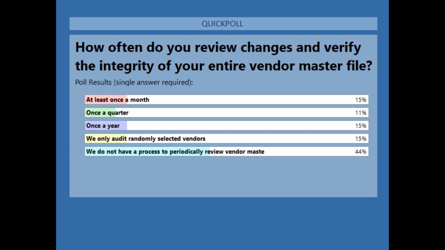Then we had kind of a three-way tie between at least once a month, once a year, and then we only audit randomly selected vendors, and then we had 11% that do that review once a quarter. So thanks everyone for participating in that, and then let me go back here.